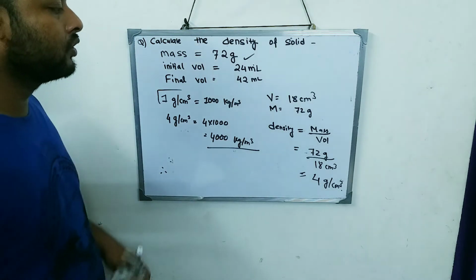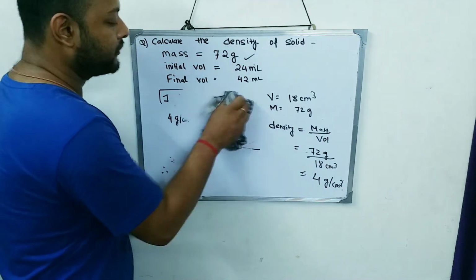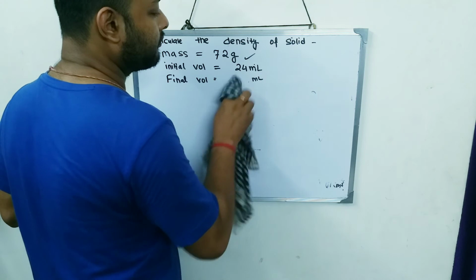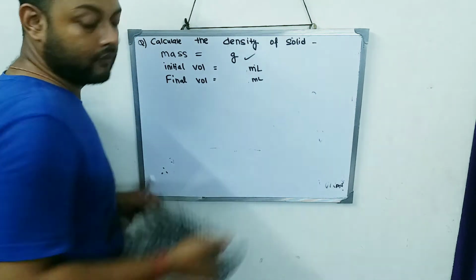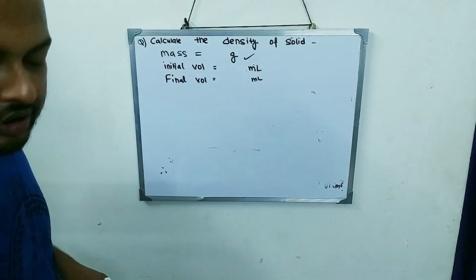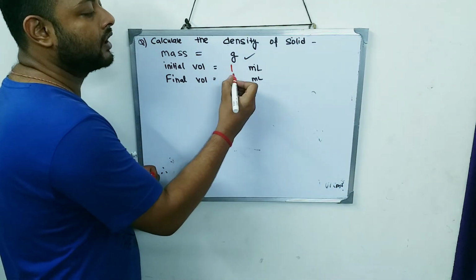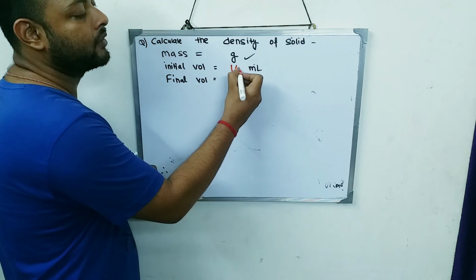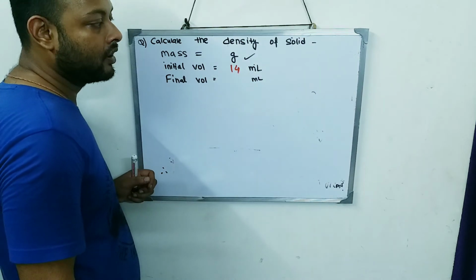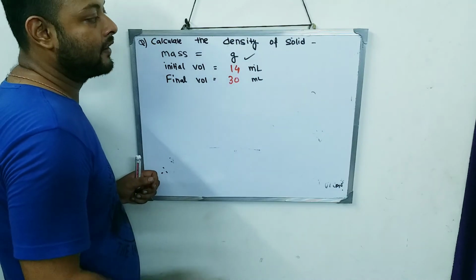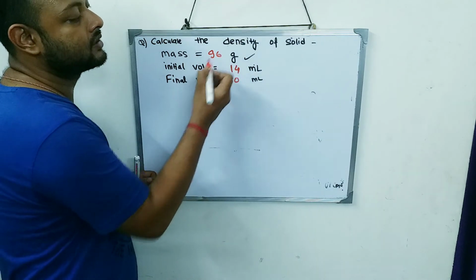Now for you, if I give you a sum to do, it is this sum, just changing the numbers, I'm doing nothing else. For you, I'll give the initial volume as say 14 ml, and final volume as 30 ml, and the mass is 96 gram.